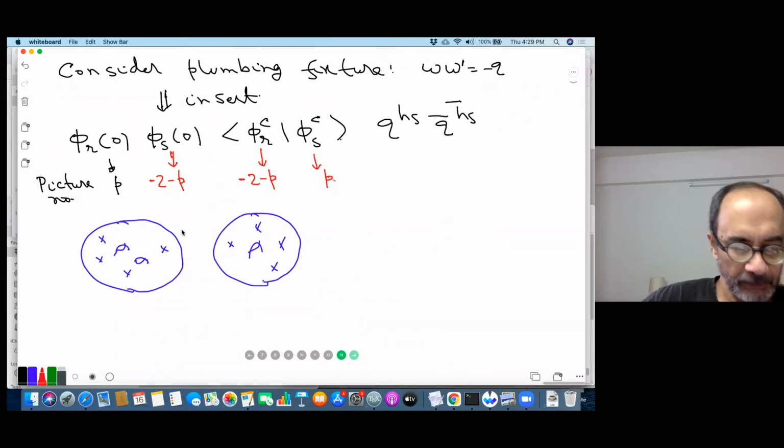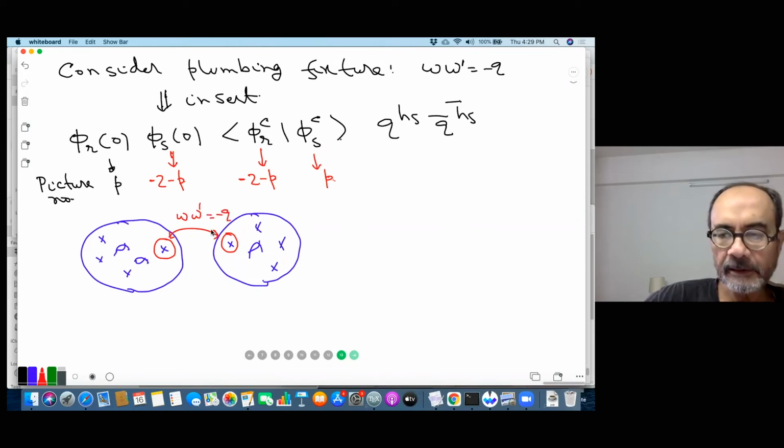So let's suppose that we have punctures sorted by this WW prime equal to minus Q relation. In this case, this has picture number P, this one has picture number -2 minus P. But in fact, we have no choice in this case as to what picture number state you should choose, because the picture number of this is determined by the picture number of the rest.